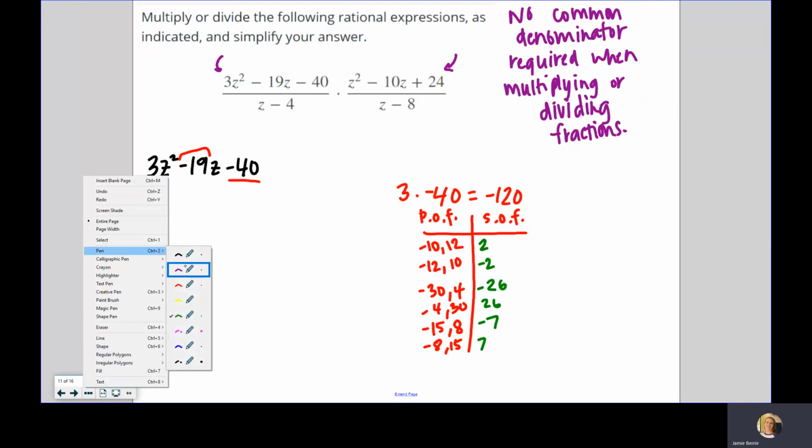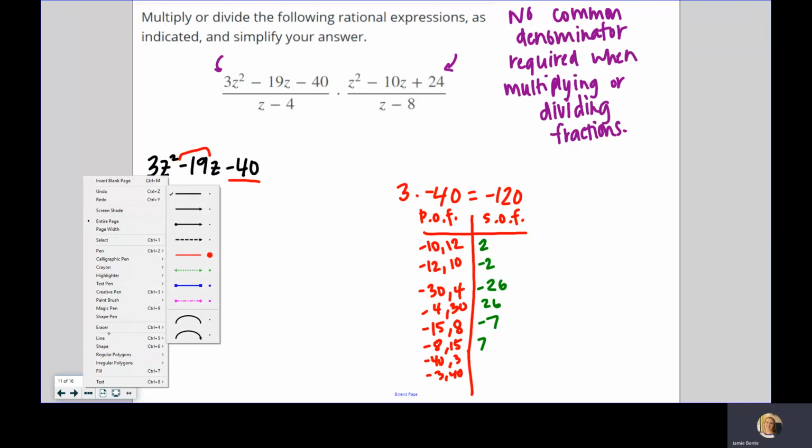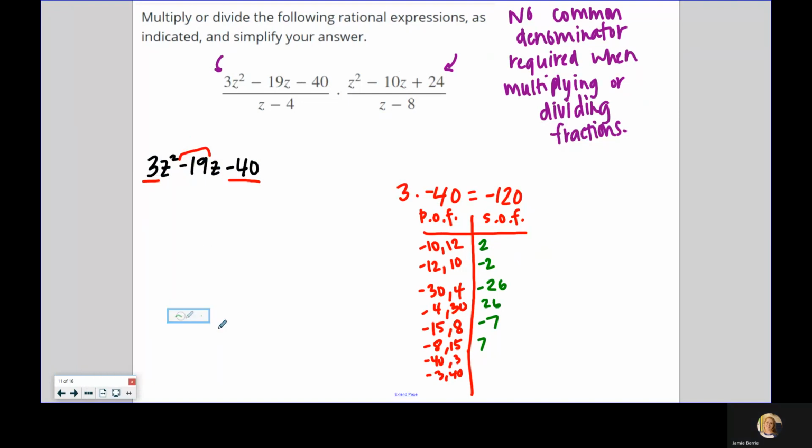Think of some more factors of 120. So you could do 40 and 3, right? Negative 40 and 3. Negative 3 and 40. Let's go ahead and add those together. Negative 40 plus 3 would be negative 37. So nope, that's not it. That would be positive 37.